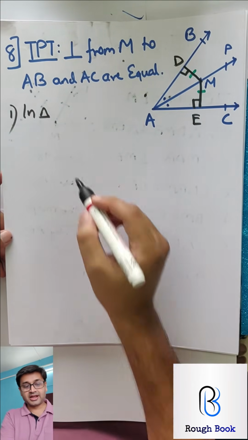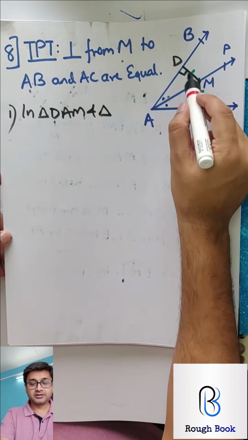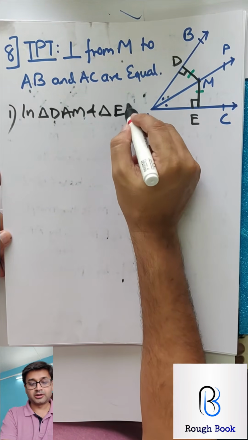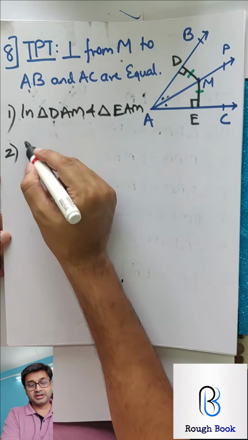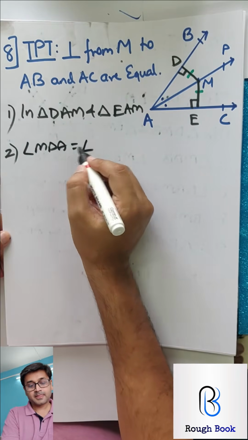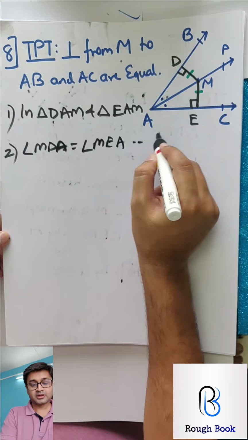Come on, hit it. So in triangle DAM and triangle EAM, 1-to-1 correspondence, don't forget. Angle MDA is equal to MEA, each 90.